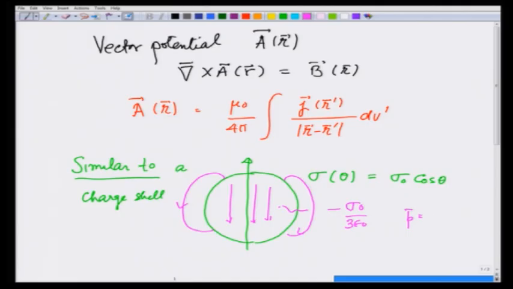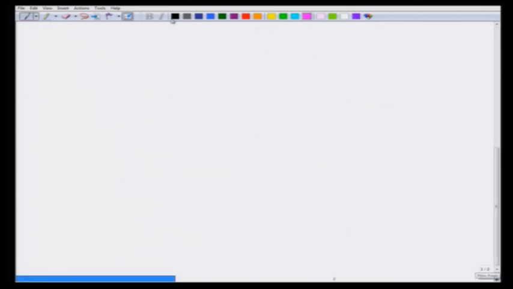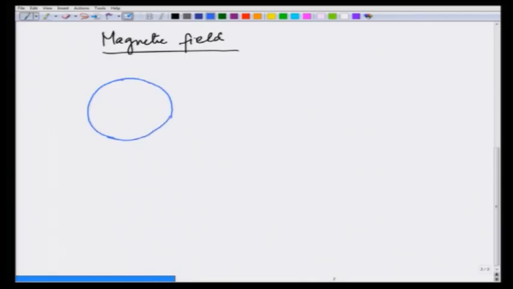Now, a similar situation occurs in magnetic field. If I take a sphere, rather a shell, and have a surface current density K on it, which is K sin theta in the phi direction.